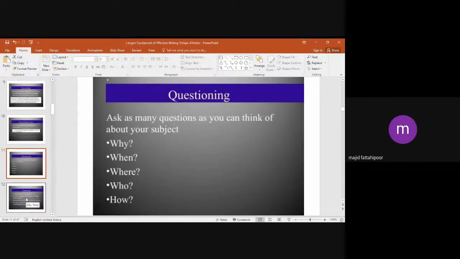And questioning. How can you question to generate more ideas, generate more support? I always say to my students that WH questions are an asset. WH questions can help a lot because they can give you multiple perspectives.